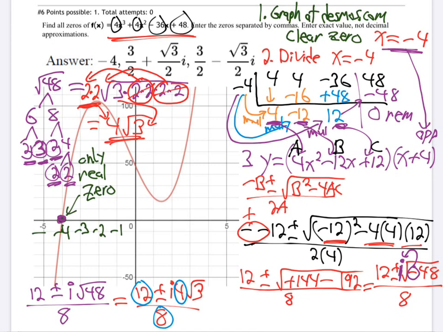So is there a number that goes into all 3 of those? Yeah, 4. Divide by 4 leaves a 1. Divide by 4 leaves a 3. Divide by 4 leaves a 2. I divided them all by 4, didn't I? Let me do a better job on this one here. So I divided them all by 4. So that leaves 3 plus or minus I times 1.